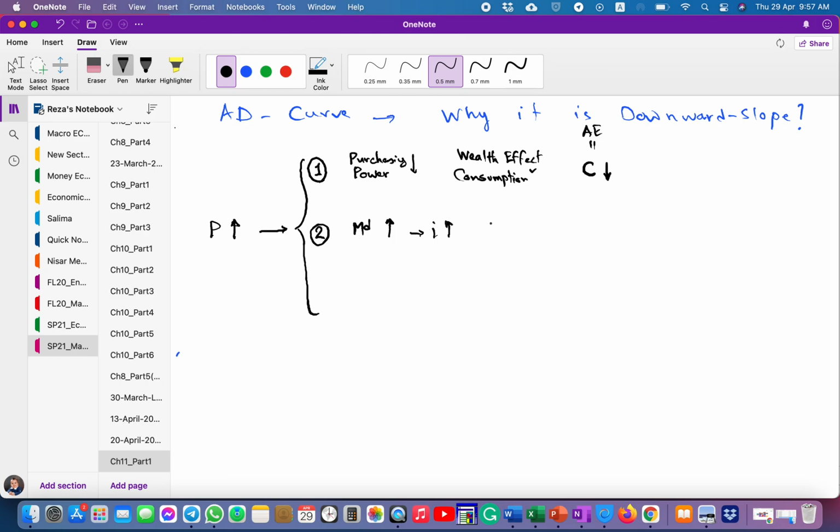So this is called the interest effect or investment effect. And that is causing investment to drop. Firms, those who want to buy durable goods for the sake of production, buy less of it because the cost of borrowing is increasing, so this is dropping.